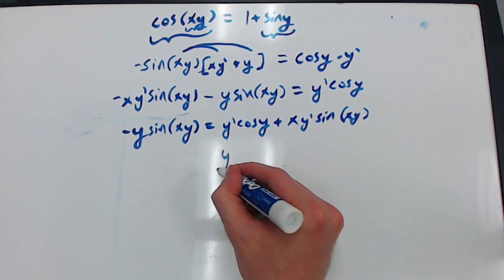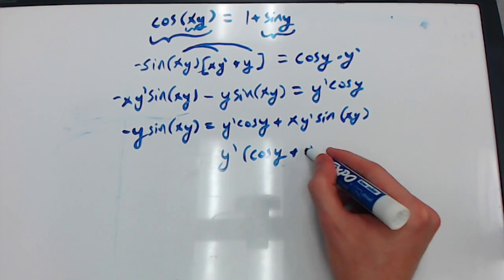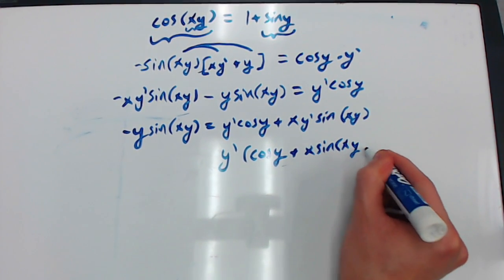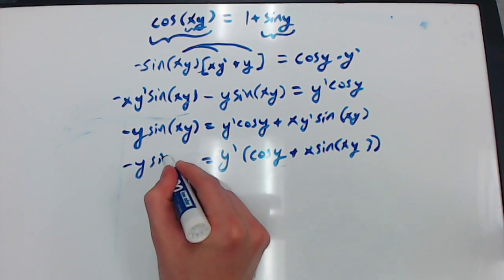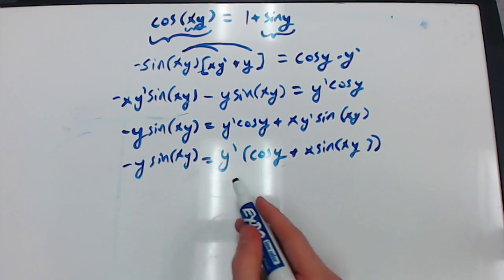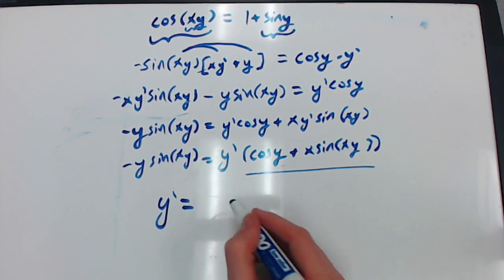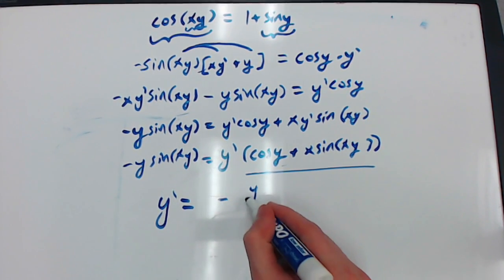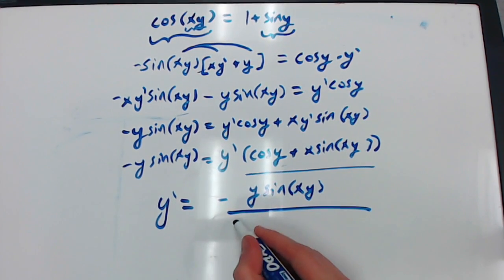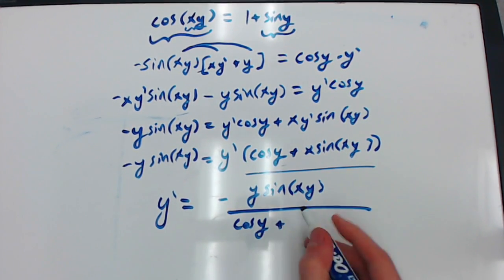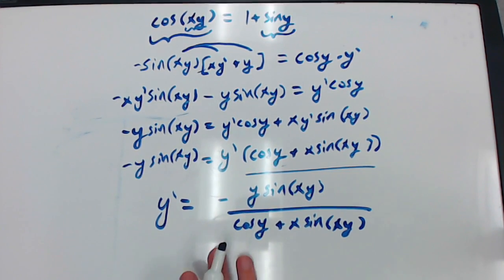Now we can factor out our y prime from both of those terms, get cosine of y plus x sine of xy is equal to negative y sine of xy, and then divide both sides by this whole thing. So we'll have y prime ultimately is equal to negative y sine of xy over cosine of y plus x sine of xy, and that is our final answer.